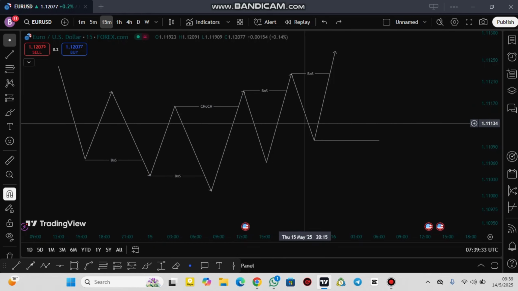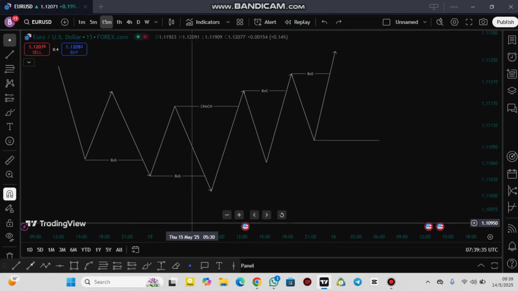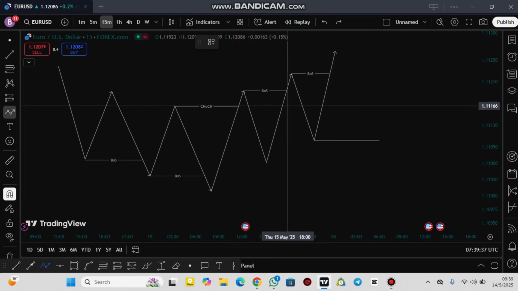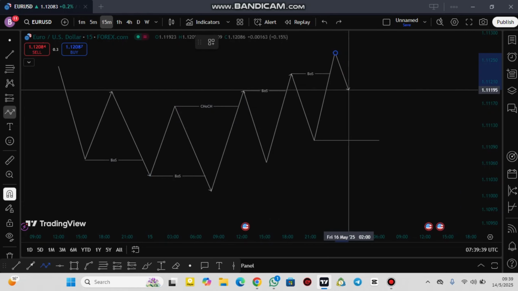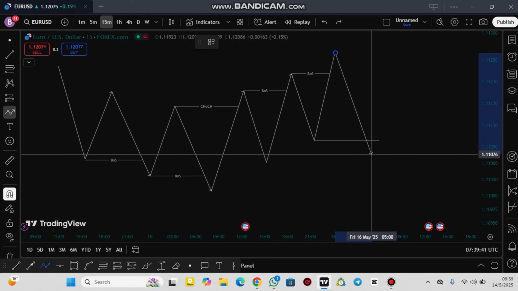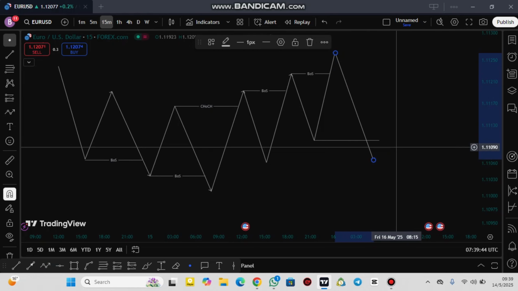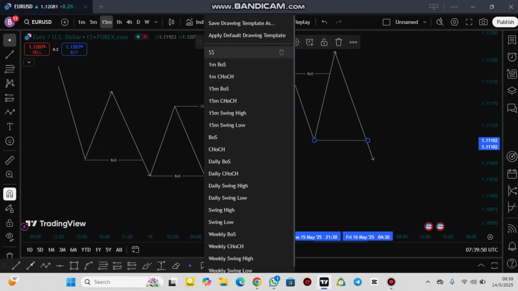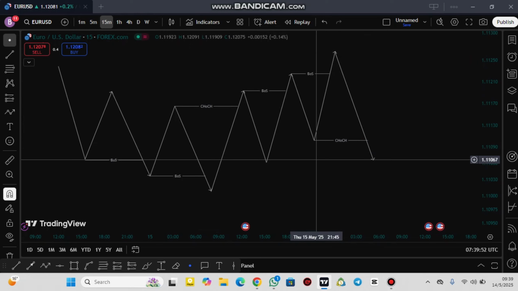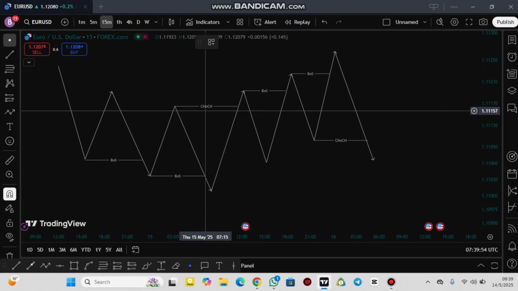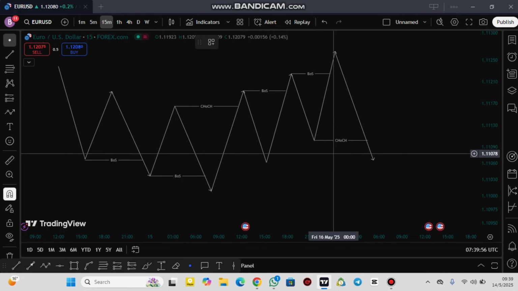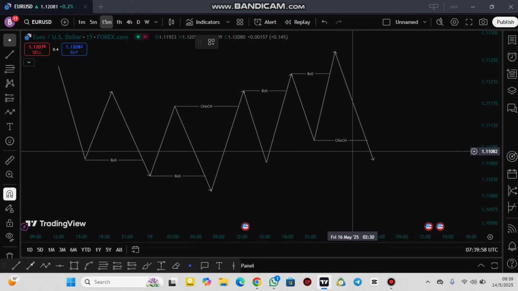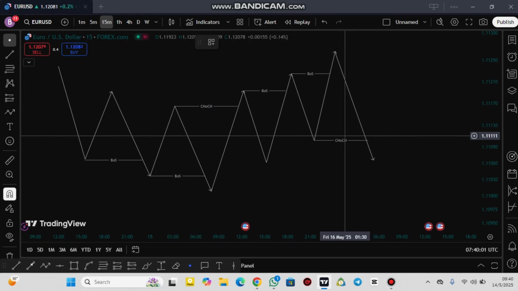The same is true for the bullish, but in reverse: you are now expecting price to violate the previous higher low. Once price does that, it creates a change of character to the downside. This right here was a change of character to the upside. This is a change of character to the downside because this is an indication of lower prices.